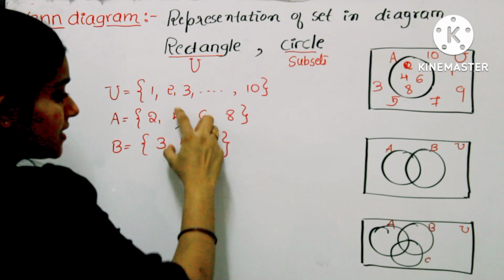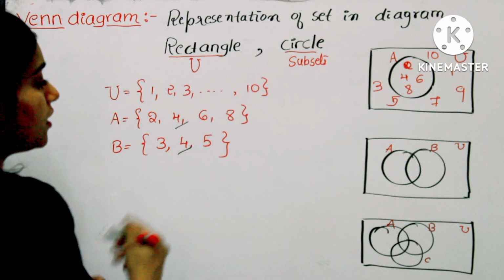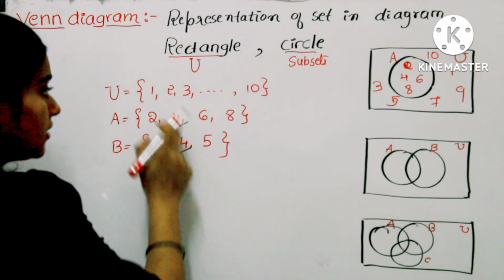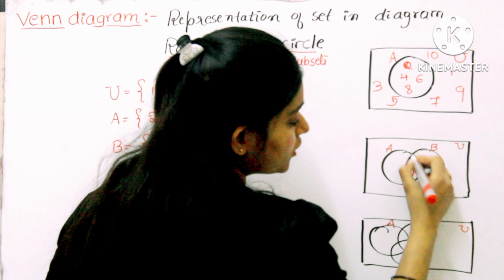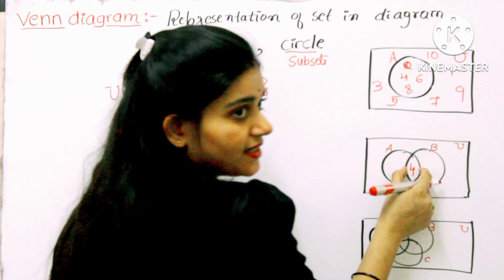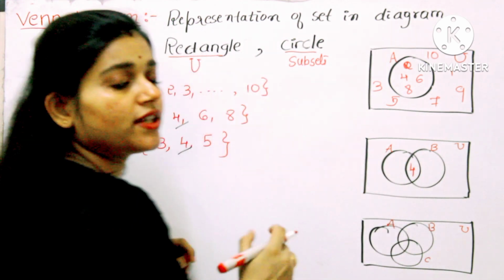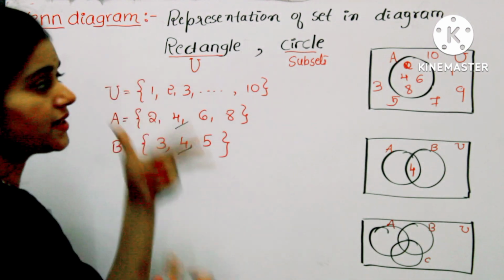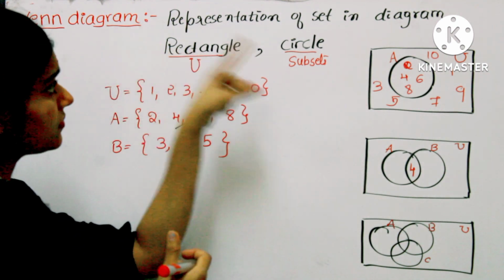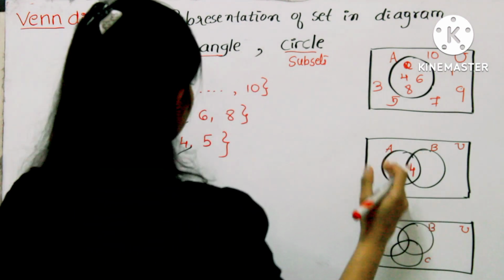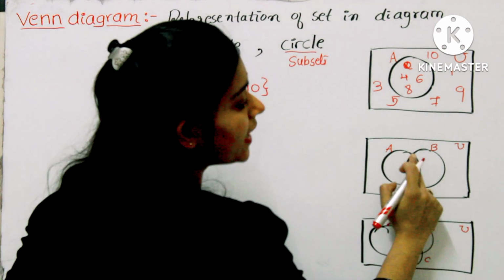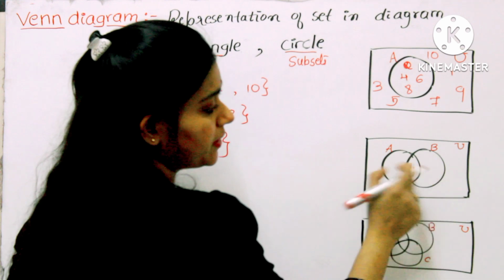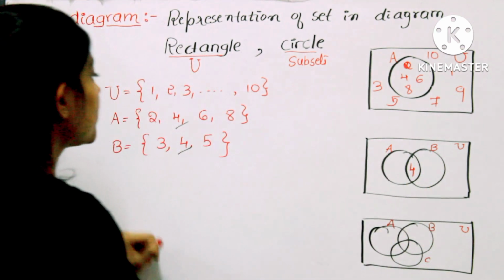Therefore, if there is 4 in both, or any elements in both A and B, then you have to write them in between the two circles. This means the intersection, correct? That we'll learn in the next topic. So let's do this. 4 is a common term, so you have to write it in between A and B where they intersect.